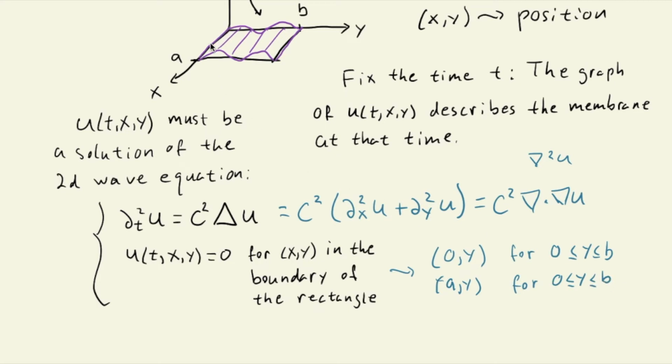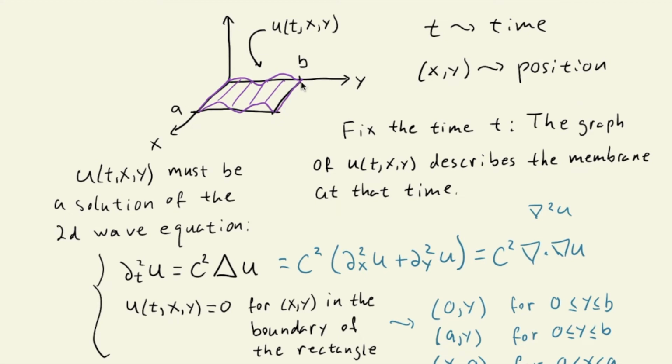Then there's this back edge here in the boundary. Those are points where y is equal to 0. So we also have that part of the boundary where y is equal to 0, so (x, 0) for x between 0 and a. And then there's this part of the boundary here.